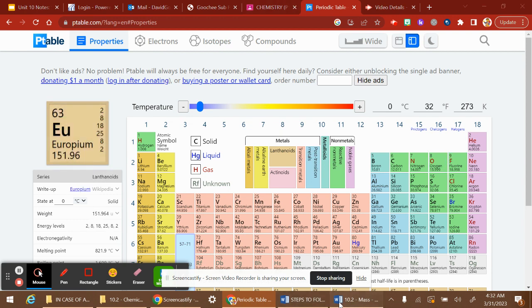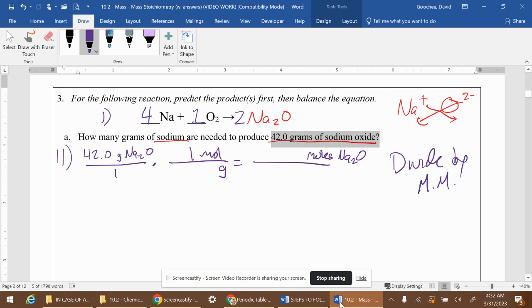The molar mass of sodium oxide is 61.98. There we go. So 42 divided by 61.98. And we get 0.678 moles of sodium oxide.